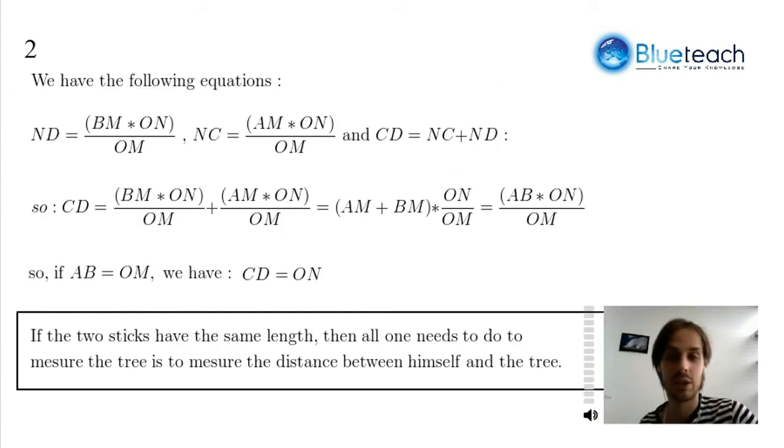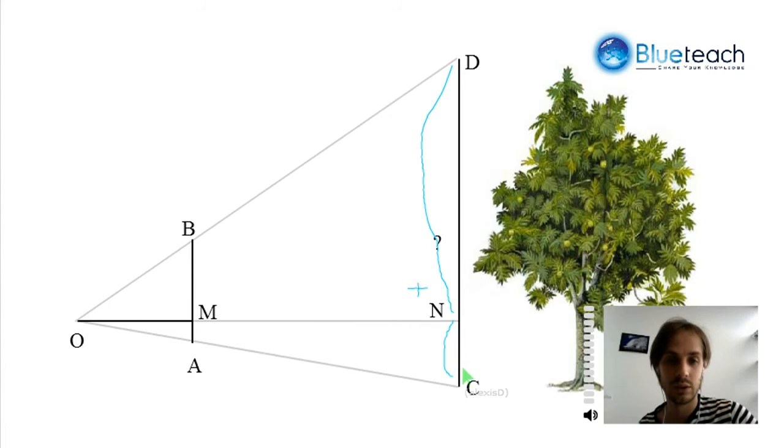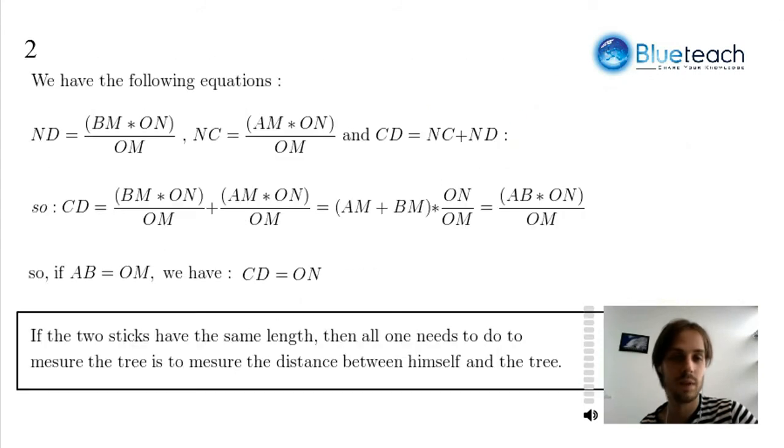The reason it's interesting is that CD is equal to NC plus ND. So we have ND plus NC is equal to DC, and the two following relationships.